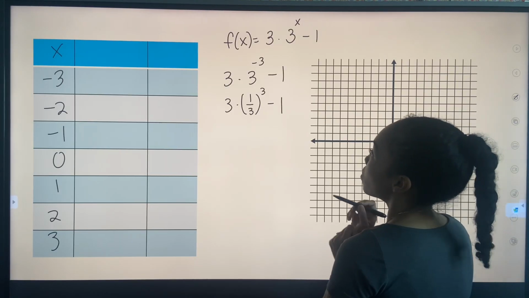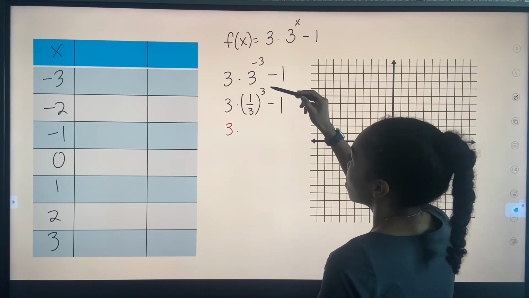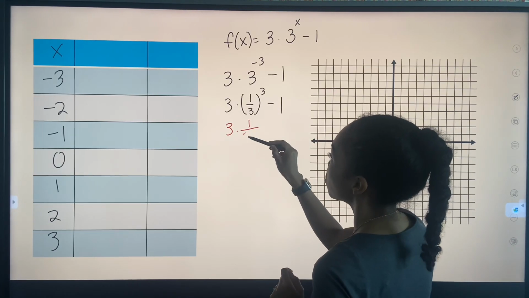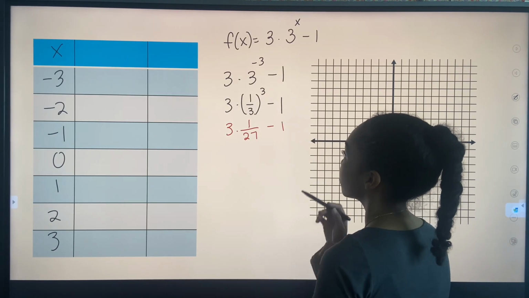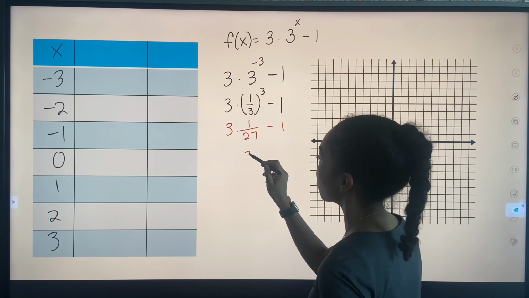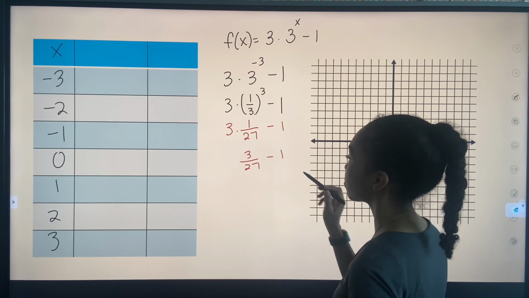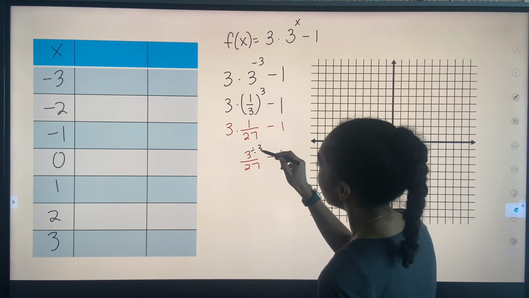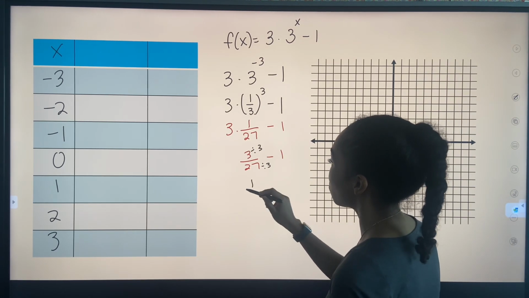Okay, so this is 3 times 1 to the power of 3 is just 1. 3 to the power of 3 is 27. Okay, 3 times 1/27 is 3 over 27. And this can simplify, divide this by 3, divide this by 3. This is 1/9.